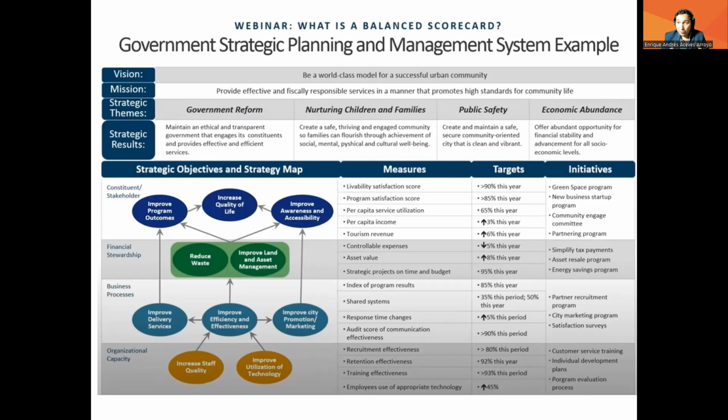In that process, they also establish measures and targets to measure how he is performing related to achieving that mission and vision.